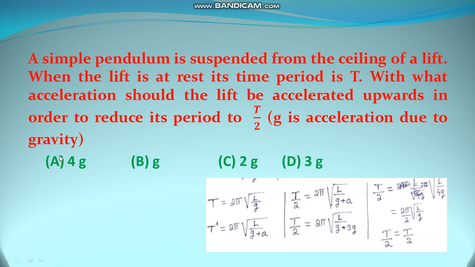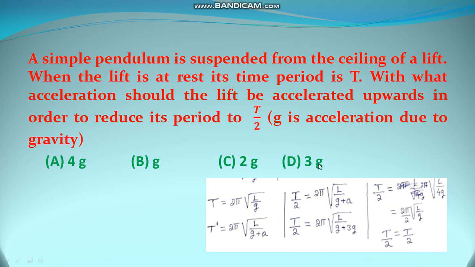So by the inspection method, when we substitute here, see what you want, T by 2. T is what? 2 pi square root of L by g, and here I want extra 2. 2 pi is already there, square root of L by g. This one I want square root of 4g. So g is already there.